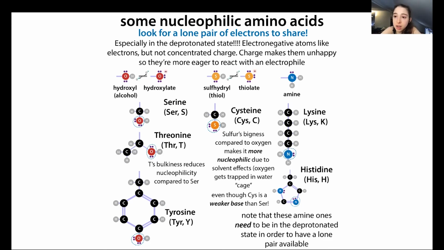So the active site of enzymes, the protein reaction helper-uppers, a lot of the way that they help is by either acting as a quote unquote base and taking a proton, or by acting as a nucleophile and often forming covalent intermediates where an enzyme will actually hook onto something.